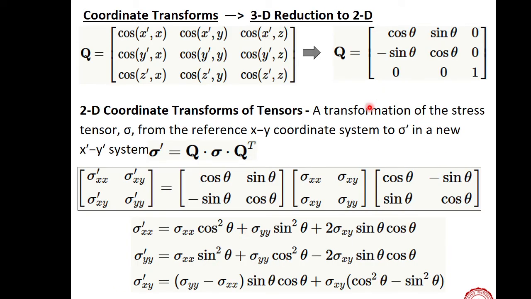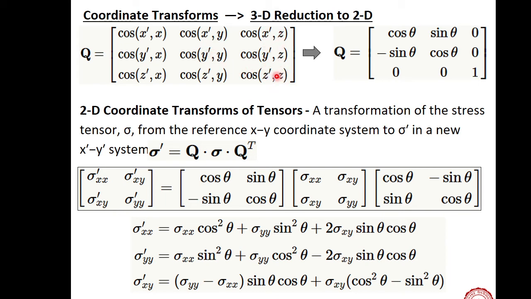Now in general, you recall our discussion on stress transformation, right? This is the transformation matrix between x, y, z and x prime, y prime, z prime directions. It is a special case in 2D. What will happen?